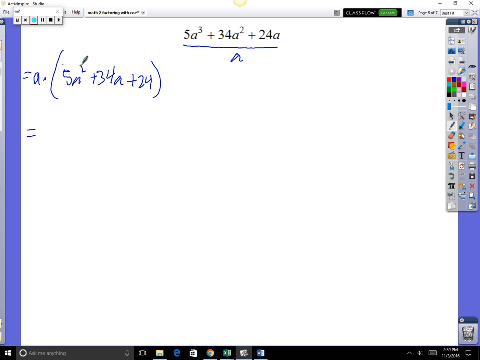Okay, move number 2. This is not a square, and that is not a square, and this does not start with 1, so I'm going to go 5a squared. I'm going to turn this into a four-term expression. I'm going to bust up the middle into 2 pieces, plus blank, plus 24. So here's what I'm looking for: 2 pieces that add to give me 34.